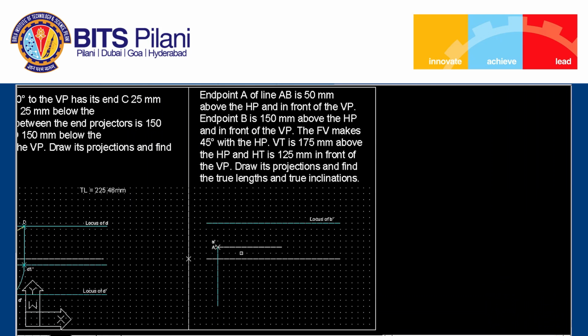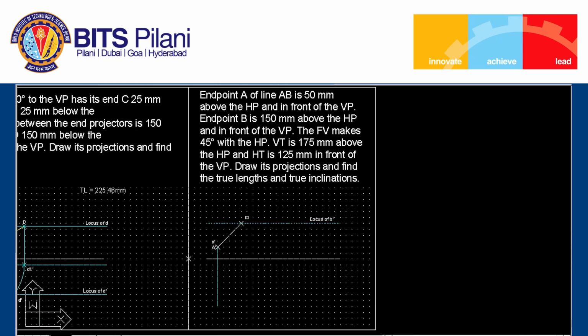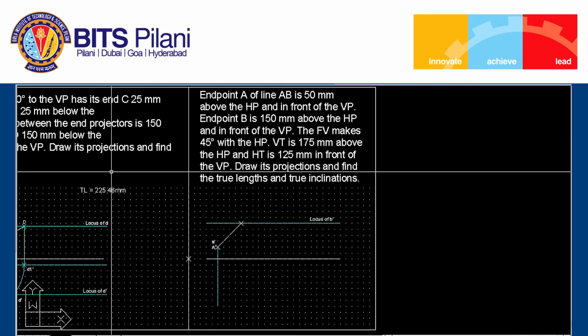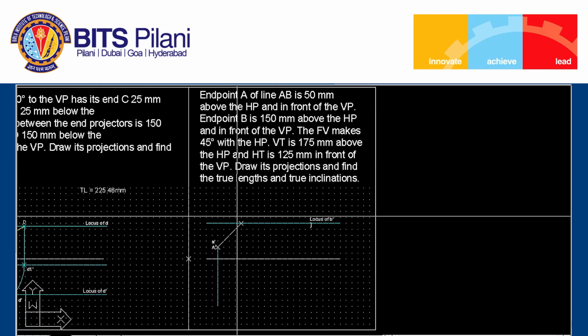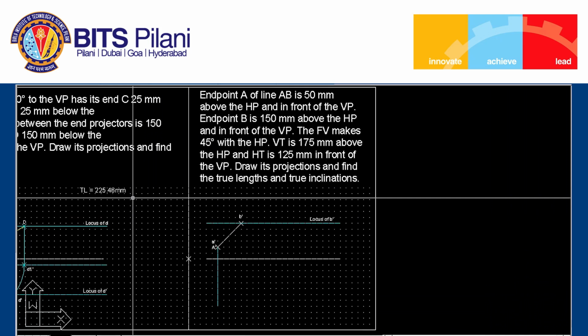So we can rotate this line at an angle of 45 degrees and we obtain the point which is nothing but B prime. So this point is B prime, and we got the front view.